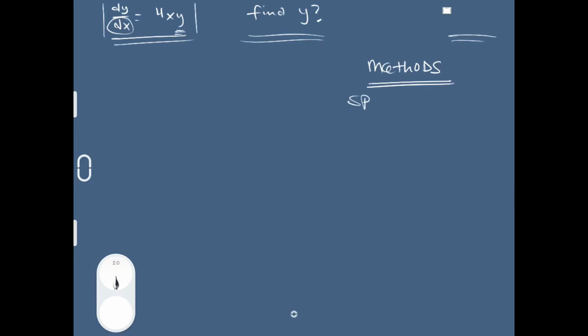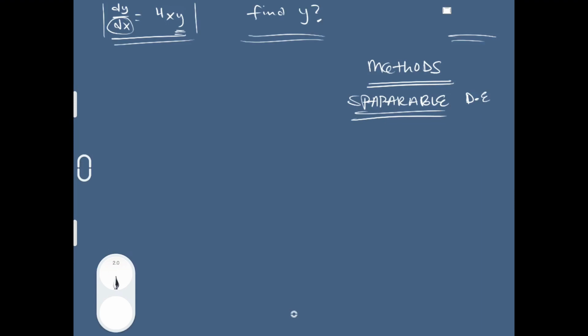We have separable differential equations. So in using the separable method, you want to separate. It is exactly what it sounds like. You want to get the x's on one side, you want to get the y's on one side.